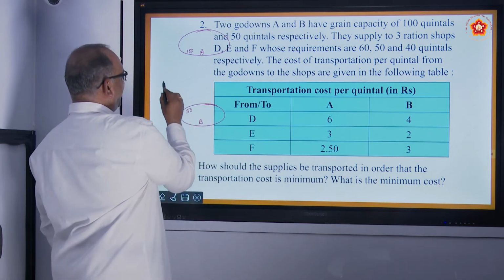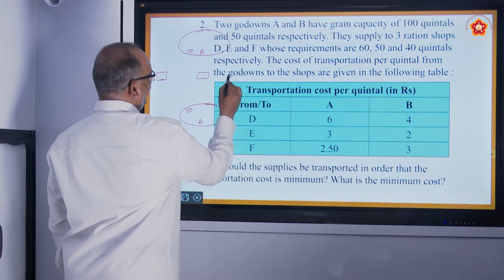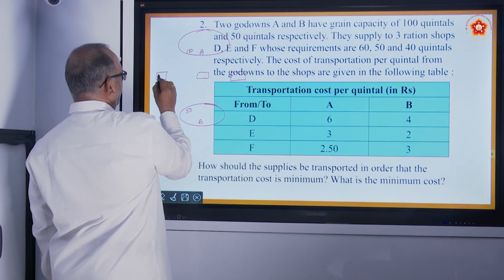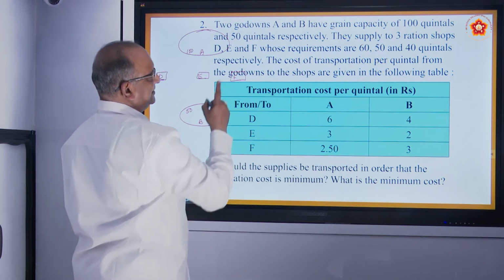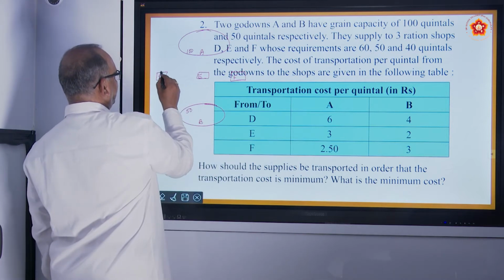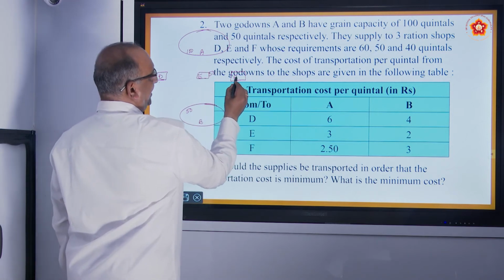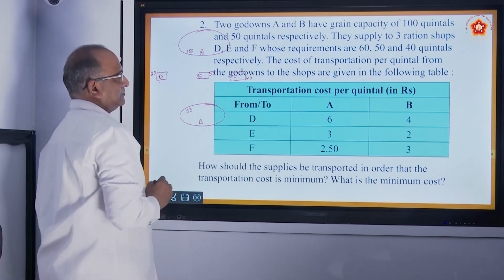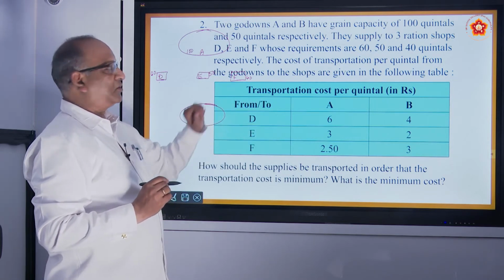And let us say we have three ration shops, one is D, another is E, another is F. This is D, this is E, this is F. He says the ration shops' requirement is 60 quintals, 50 quintals and 40 quintals. It is their requirement. And this is the transportation cost.